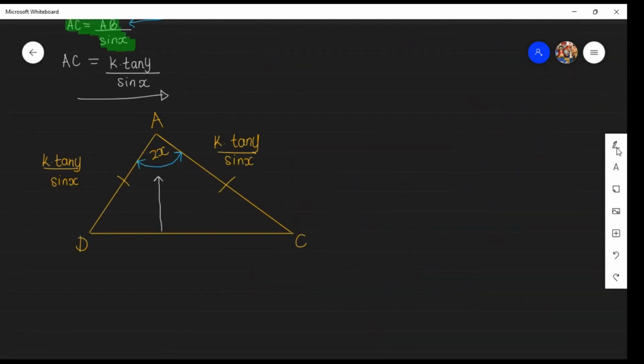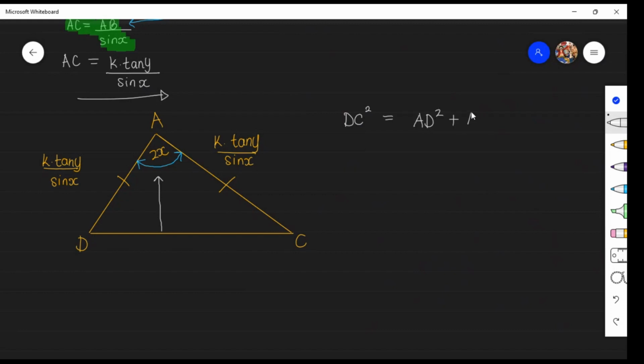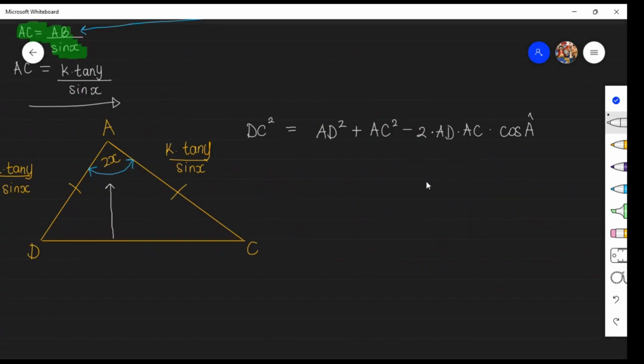So let us start by putting in our cosine formula, which is now going to be DC squared equals the two sides on the side of the angle, which is AD squared plus AC squared minus 2 times AD times AC times cos of angle A.